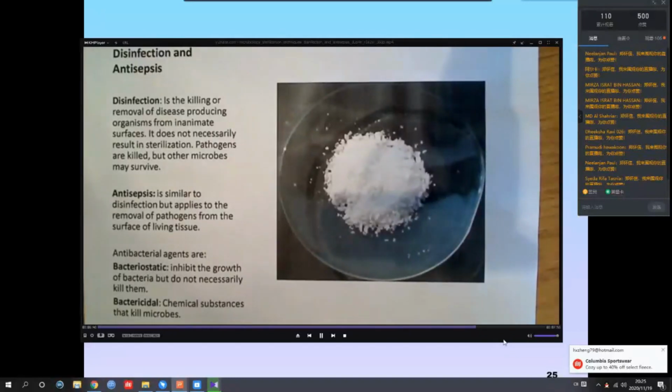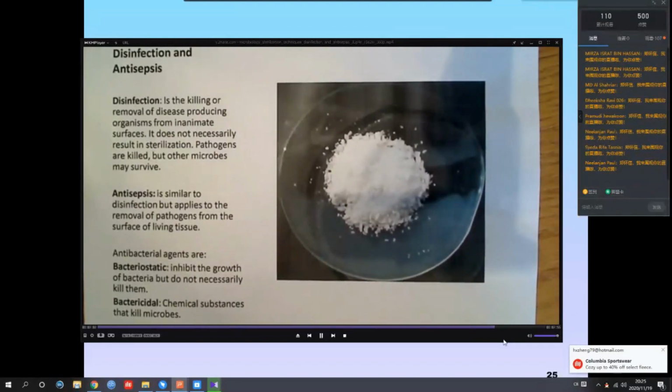Now, antisepsis is similar to disinfection, but it applies to removing pathogens from the surface of living tissue. Obviously, you're not going to want to use an antiseptic that's really, really strong, because it's going on human tissue and could damage it.